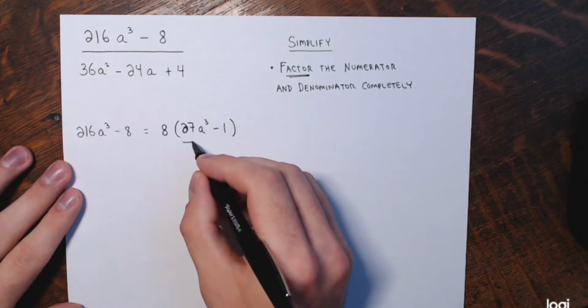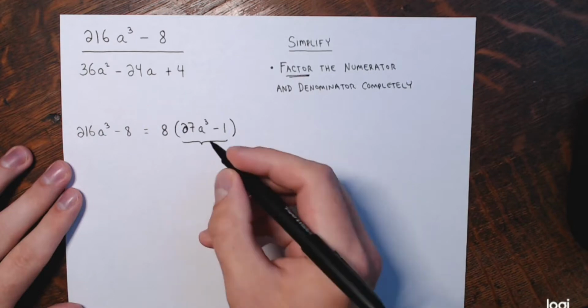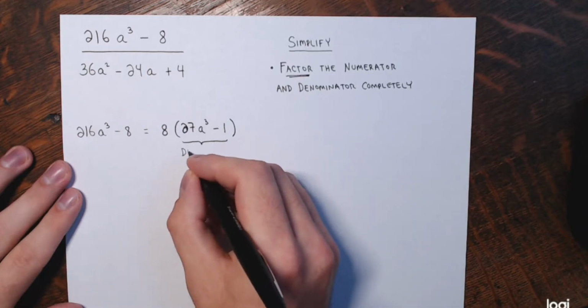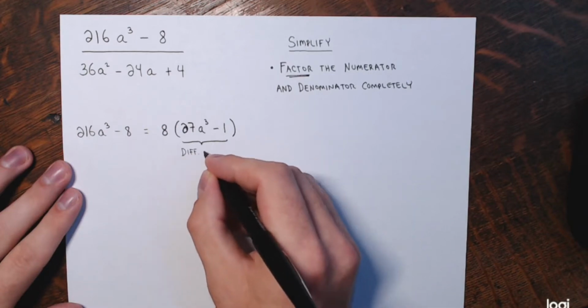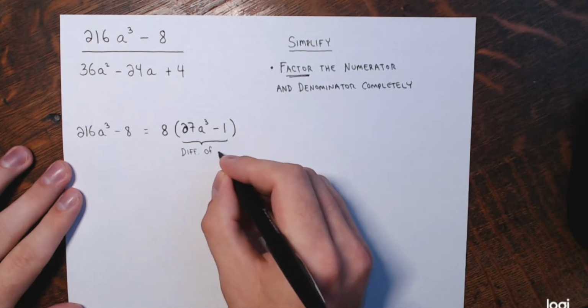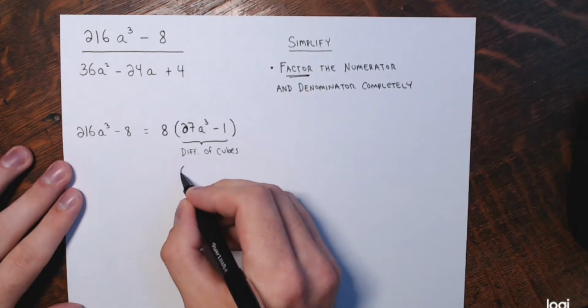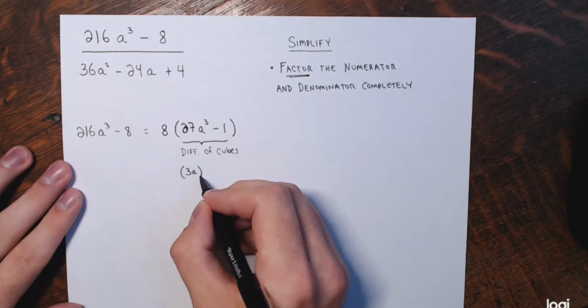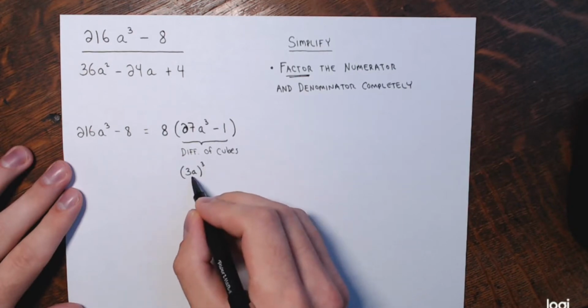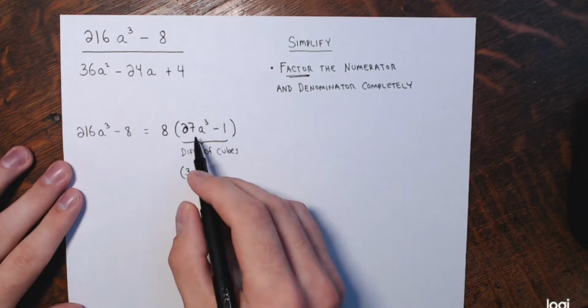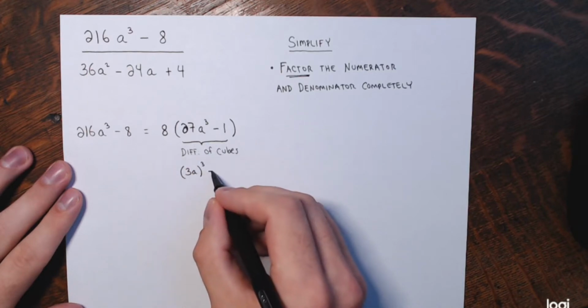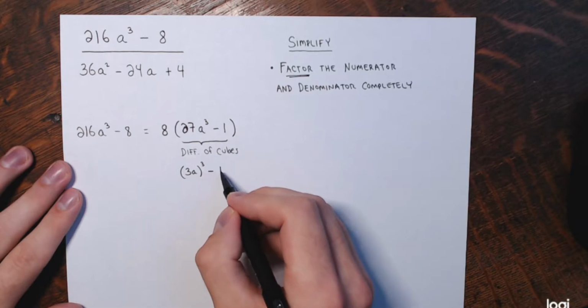Now I'm looking at this 27a cubed minus 1. This is actually a difference of cubes. 27a cubed is really 3a to the third power, since 3a times 3a times 3a would be 27a cubed. Minus, and then 1 is 1 cubed.